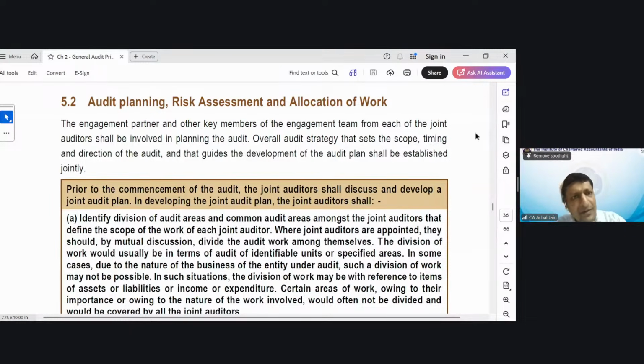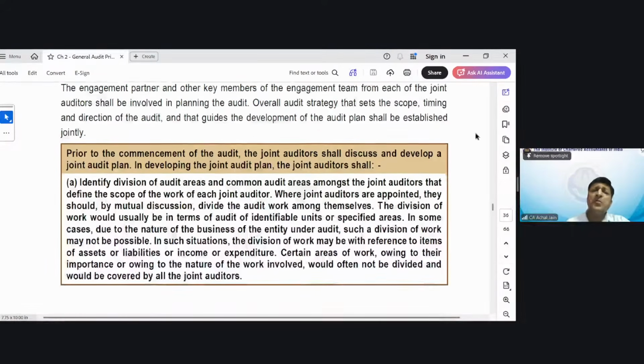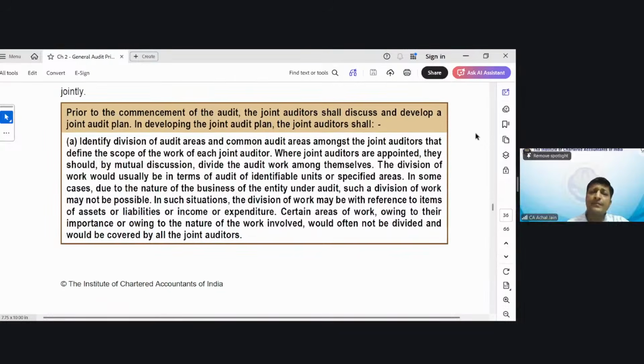So to begin with, what will be an important thing? Division of audit areas. Identifying the division of audit areas and common audit areas amongst the joint auditors in terms of their scoping becomes extremely important.